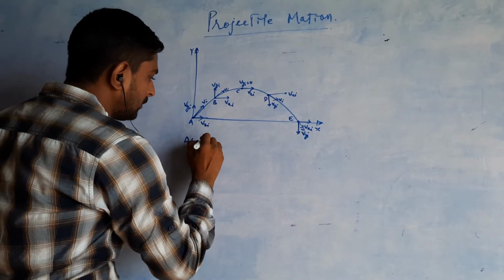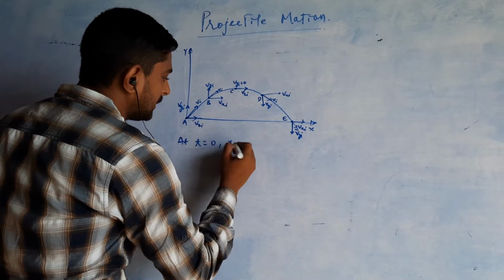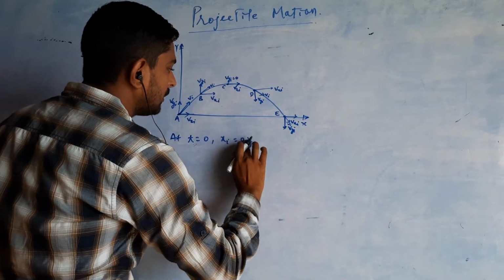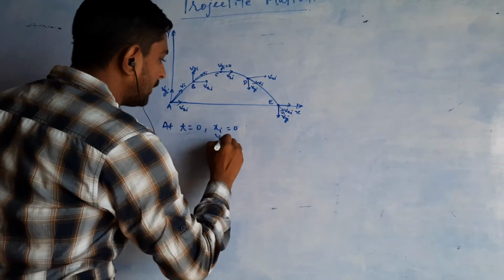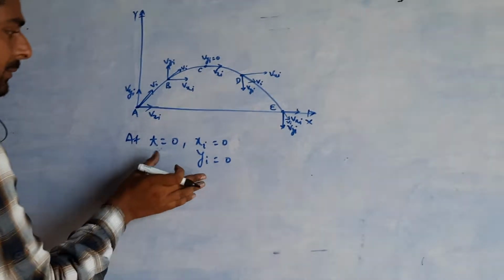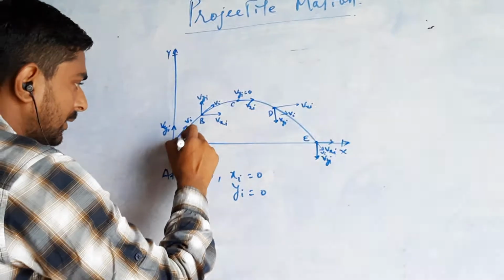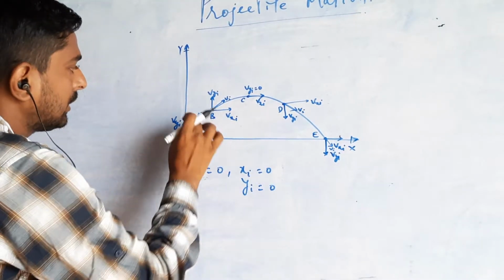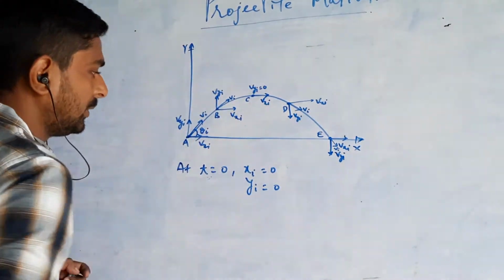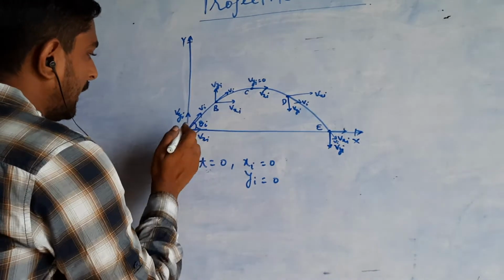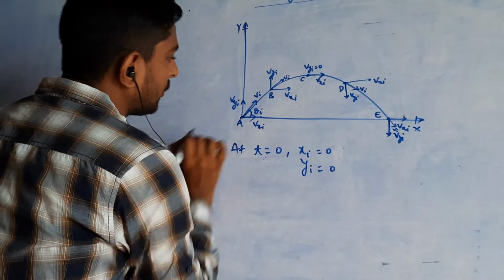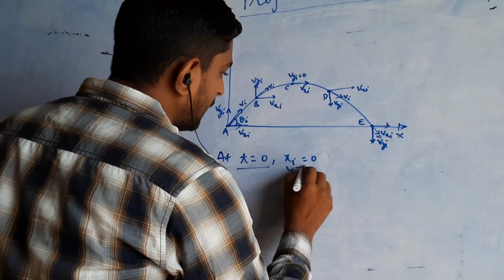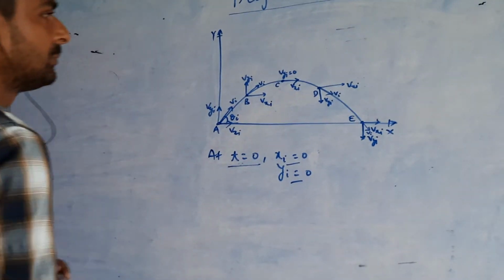At time t equals 0, the xi coordinate is 0 and the yi coordinate is also 0, and this projectile is projected at some angle theta i with the horizontal, with velocity vi.